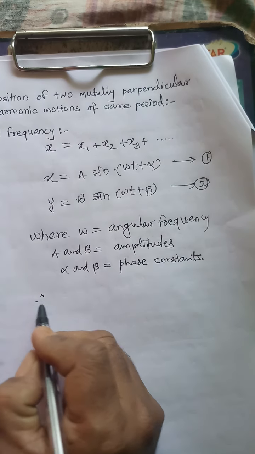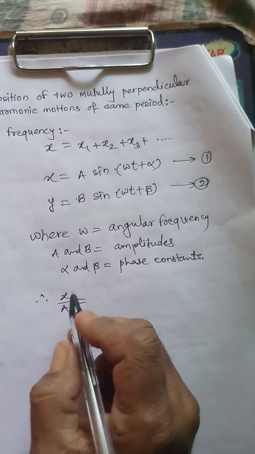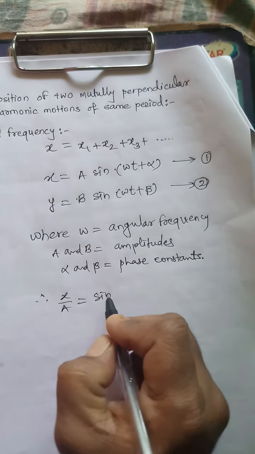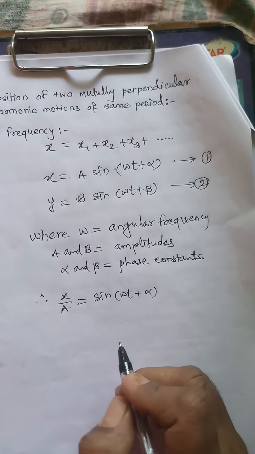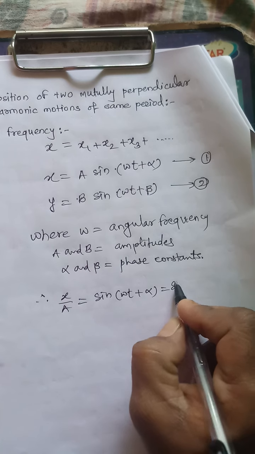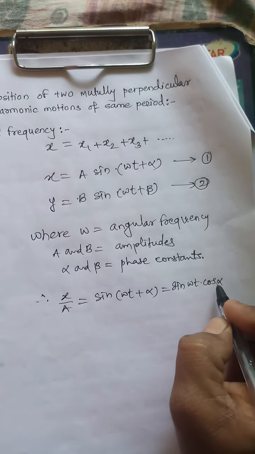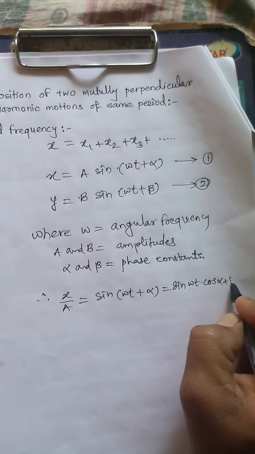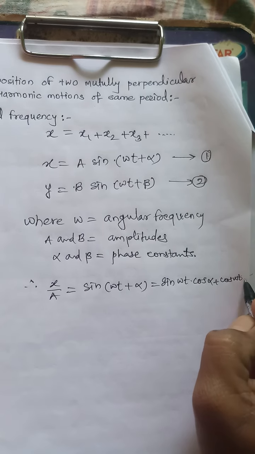Now, therefore, x upon a is equal to sine of omega t plus alpha, that is equal to sine of omega t into cos of alpha plus cos of omega t into sine of alpha.